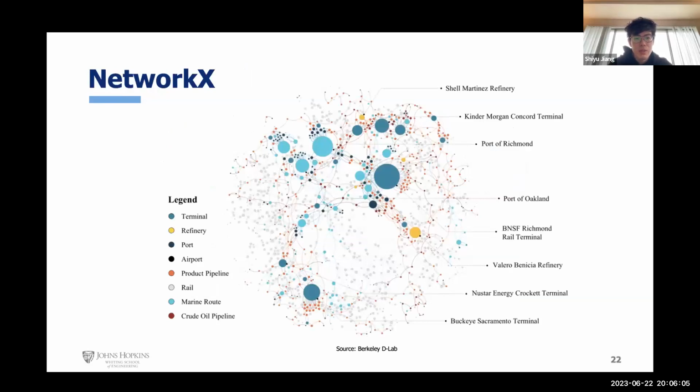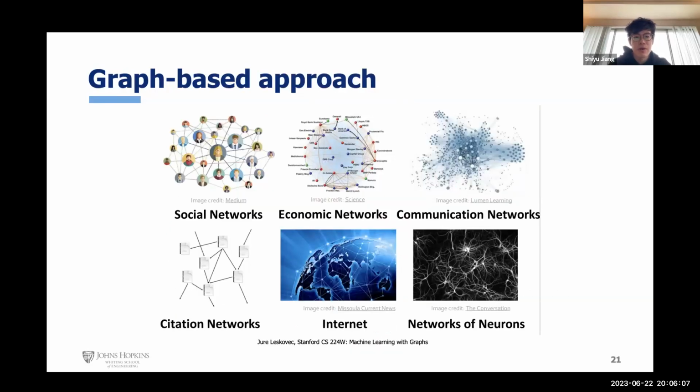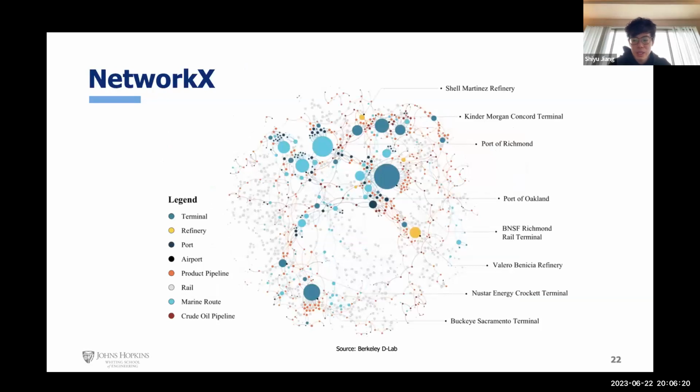Because we have so much graph-based data, we wanted to organize it into a graph and use graph algorithms to do some data mining or analysis. We can use great Python tools like NetworkX.